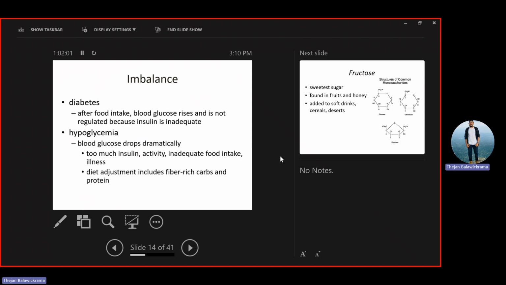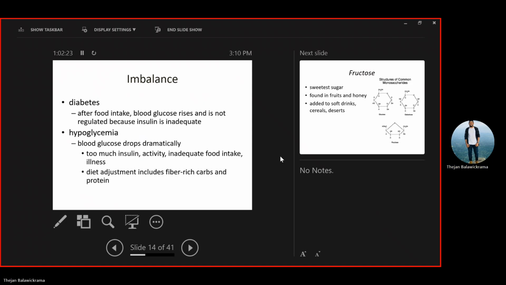Starch, is it soluble in water or not? I rephrase the question. Is starch water soluble or not?